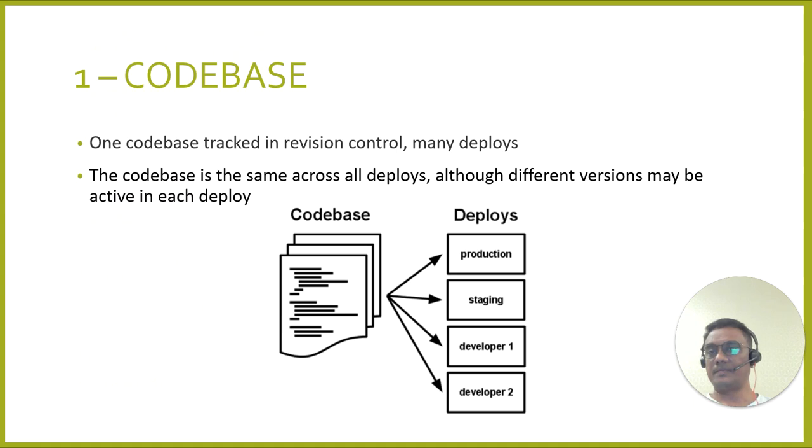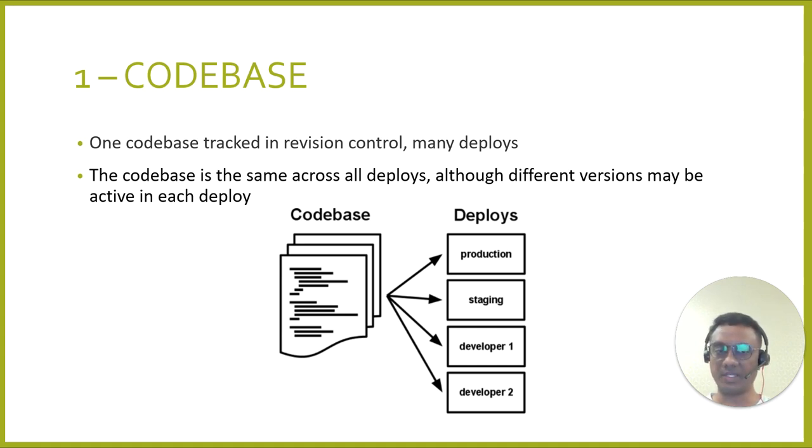So let's move on. The first 12-factor is the code base. What it says is that there should be one code base in revision control, be it Git, SVN, or GitHub, and that version-controlled code base should be deployable in multiple environments.